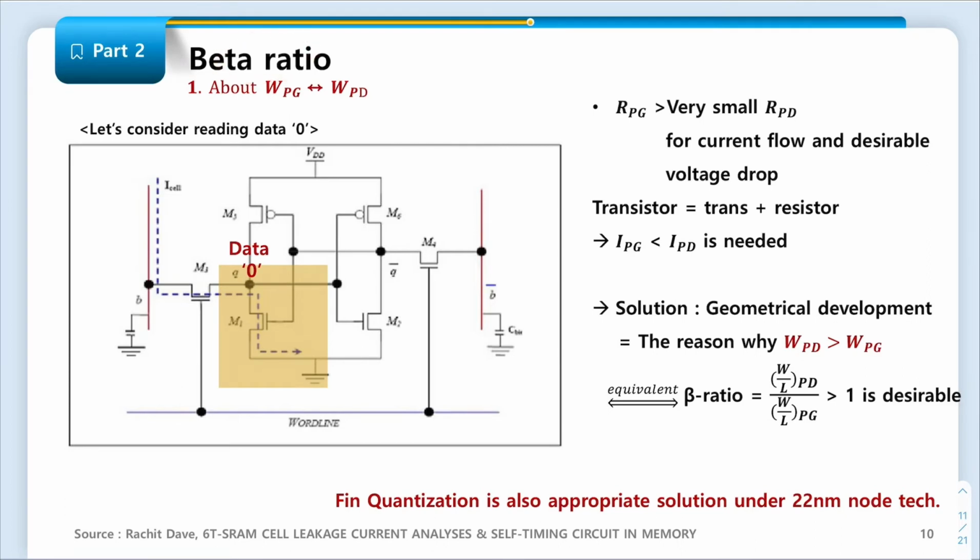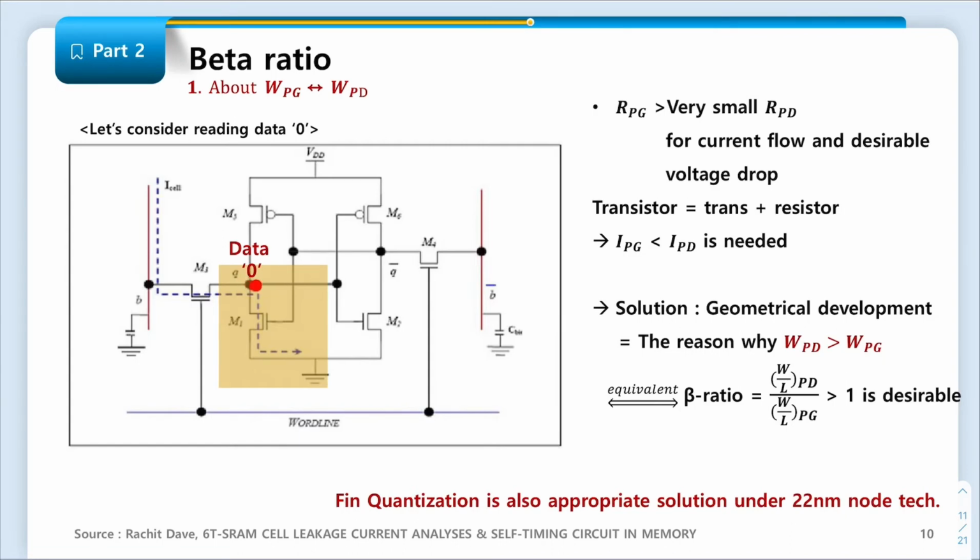Let's consider reading data 0 in SRAM, where this node has data 0. Then we must make current flow to make a voltage drop in the bit line, which is already precharged. So that we can make current flow in this direction, we have to pay attention to this node.